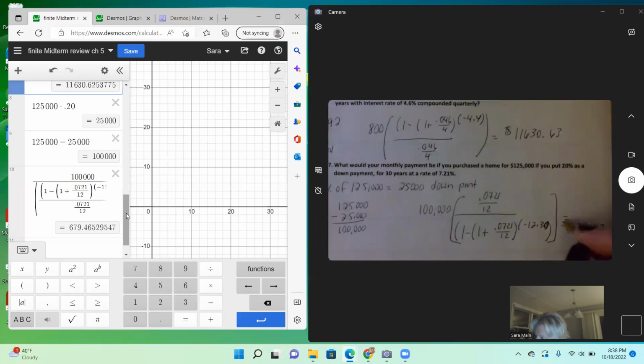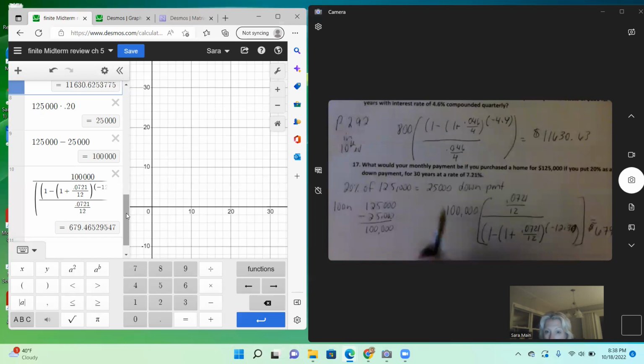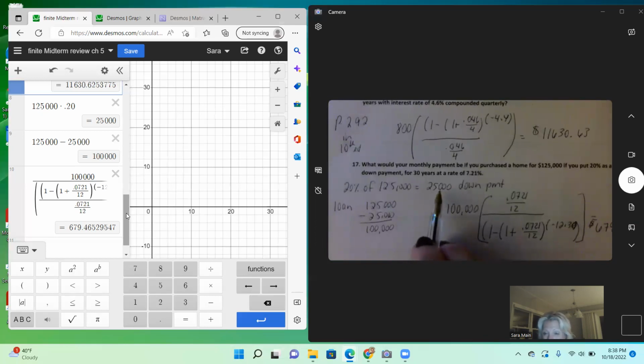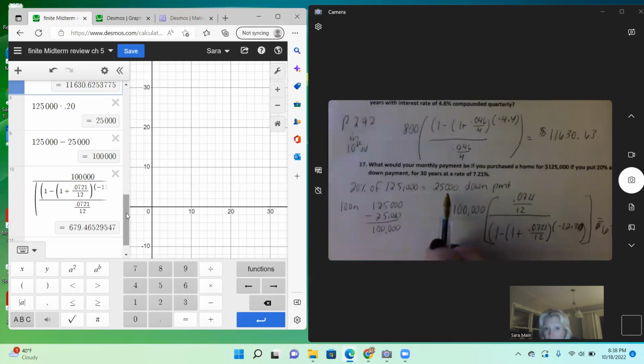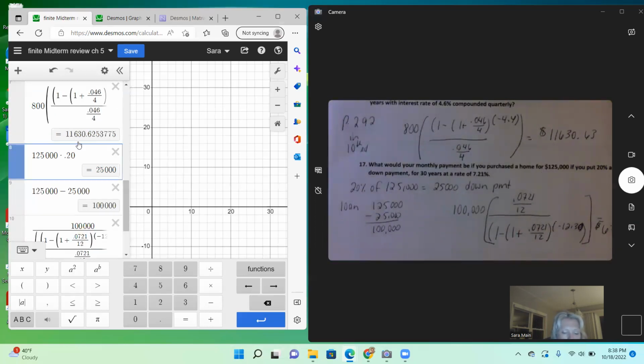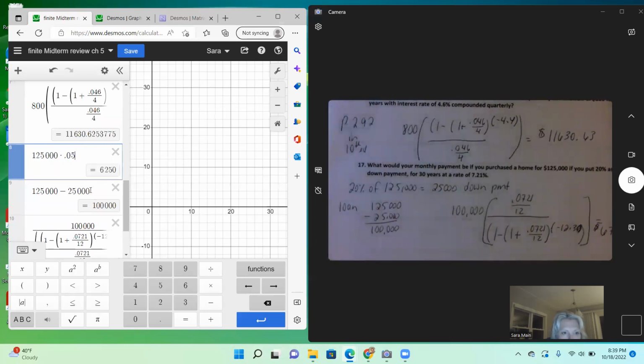But if you think about it, if you can find a house and you can do that, you'd need $25,000 down. Let's say you only had to put 5% down. So 5% down would be $6,250.